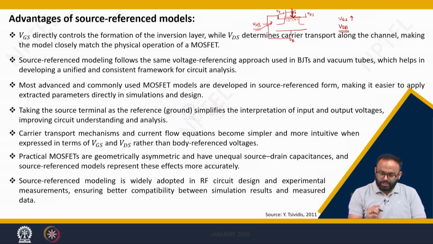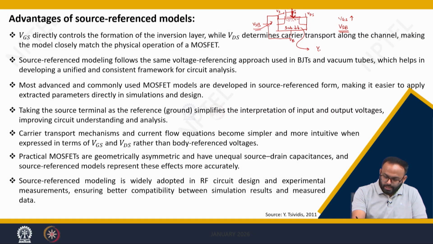In addition, suppose the substrate doping is lowered. You saw that gamma, which is the body effect coefficient, given by square root of 2 q Na epsilon divided by Cox dash, will be lowered.